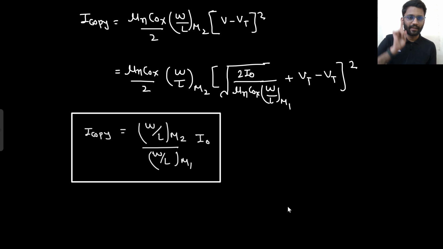So here the current is independent of the supply variation and also the temperature variation, because the current depends neither on mu n, nor on Vt, nor on Vdd. Are you getting this point? Neither on supply, nor on temperature.